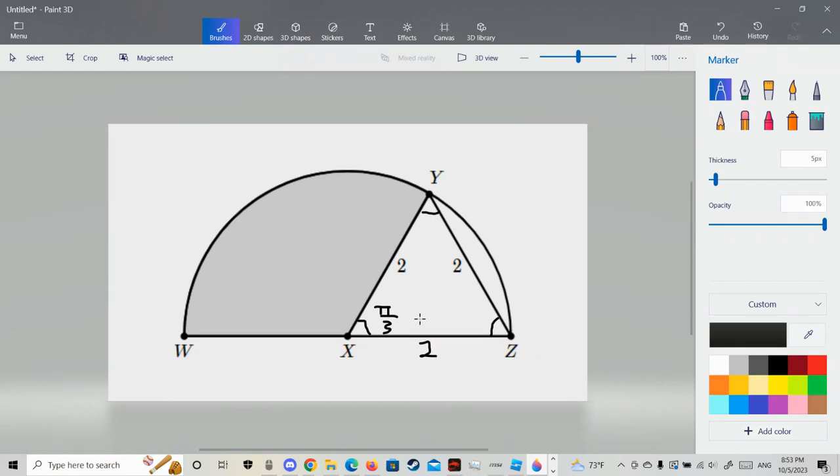Or, in terms of radians, that would be pi radians. And so there are 3 angles, and so they all add up to pi radians, so divide by 3, pi over 3 radians. Pretty simple. Okay? So we know that this angle is pi over 3, so we want to find this angle now, which would just be pi minus pi over 3. I'm not going to write that down.